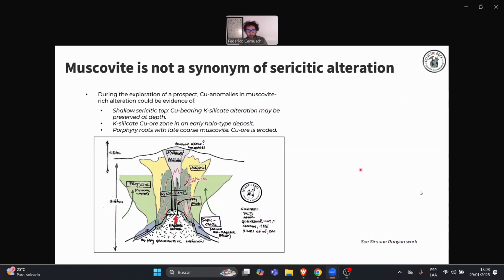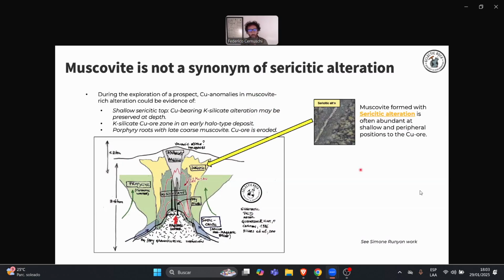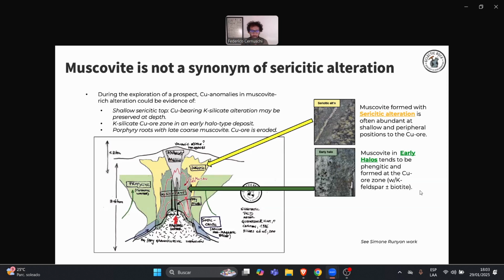And two more points in there is that muscovite is not a synonym of sericitic alteration anymore. We have muscovite in sericitic alteration associated with D veins, especially in the tops of the porphyries and periphery, or in D veins that cross-cut and are overimposed on the K silicate zone. But we have abundant muscovite, especially phengite, in early halos, in the K silicate zone.